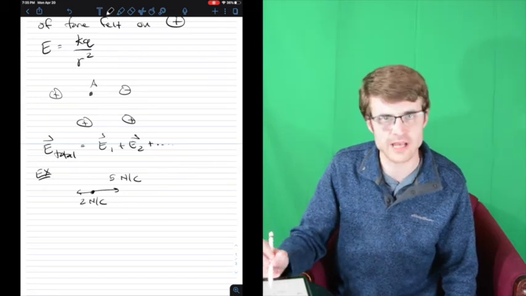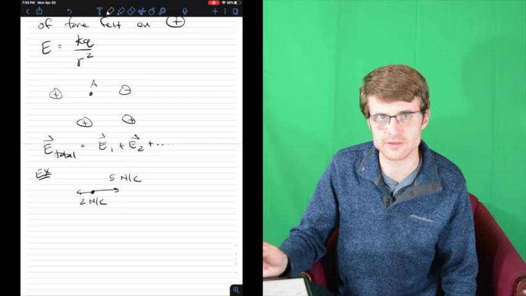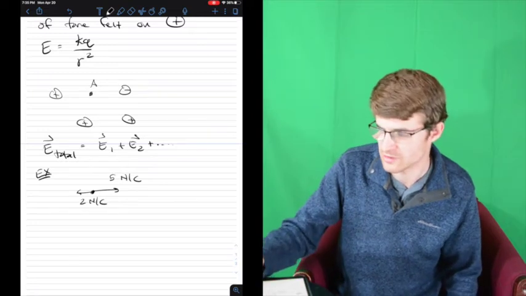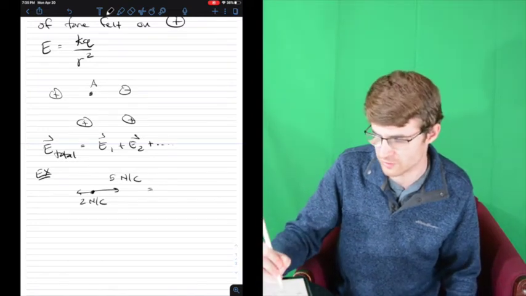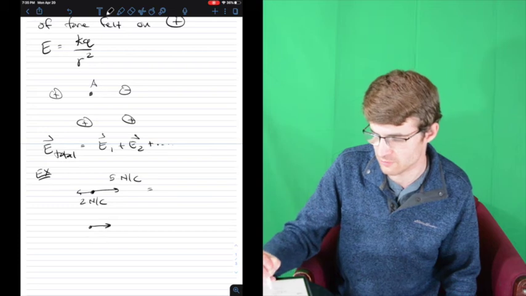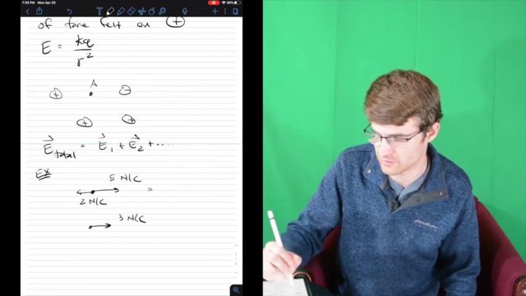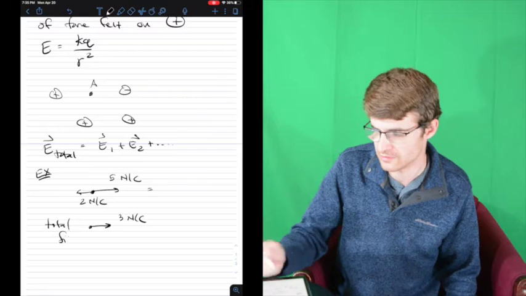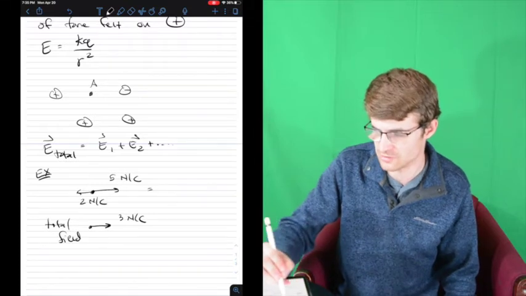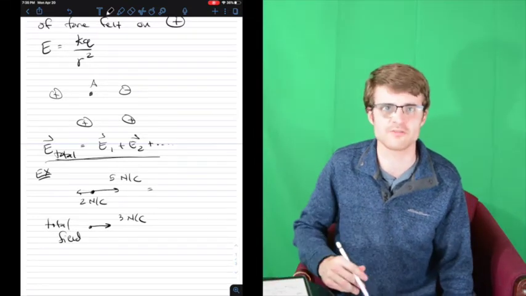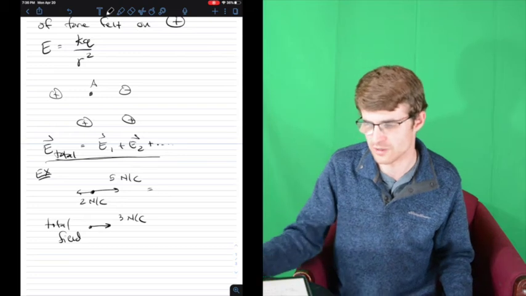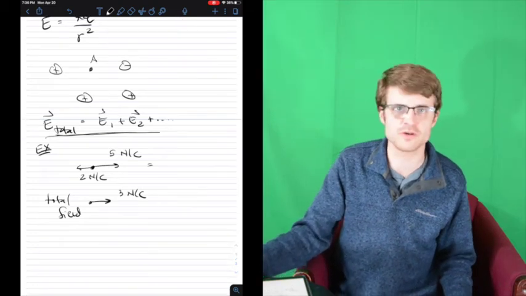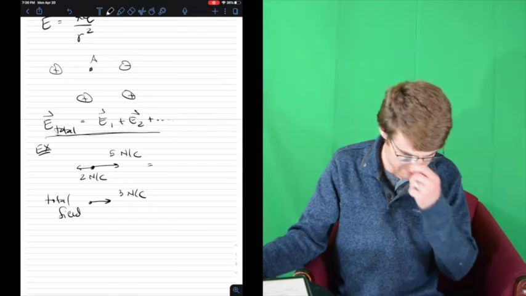We wouldn't just add 5 to 2. We would subtract the 2 because they're pointed in different directions. So the total field would be pointed in this direction, and it would be 3 newtons per coulomb. This is the total field. And that is all we're talking about when we use this crazy notation up here, the vector summation, just so you're aware. So we do add fields as if they were vectors.